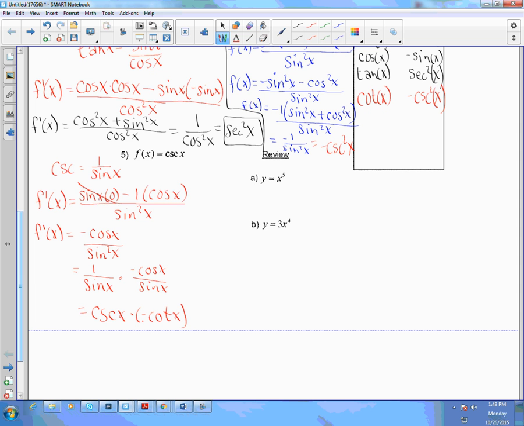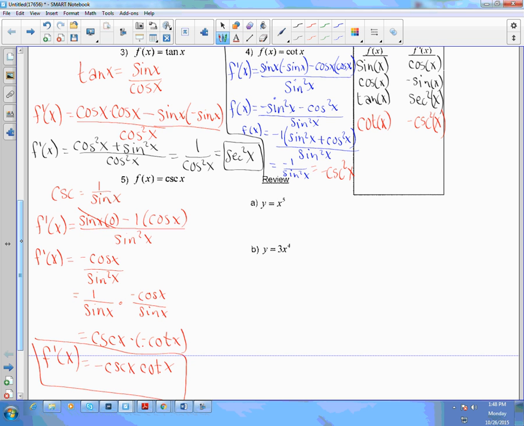So I'm going to bring the negative in front: negative cosecant x times cotangent x. This one's not as pretty, but that is the derivative of cosecant. So the derivative of cosecant of x is negative cosecant x times cotangent of x.